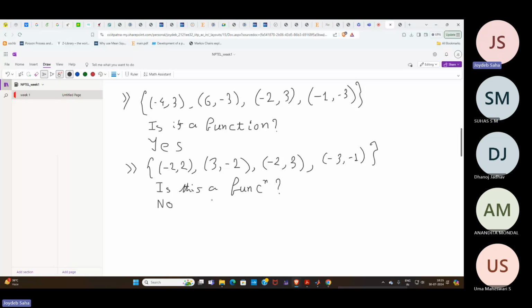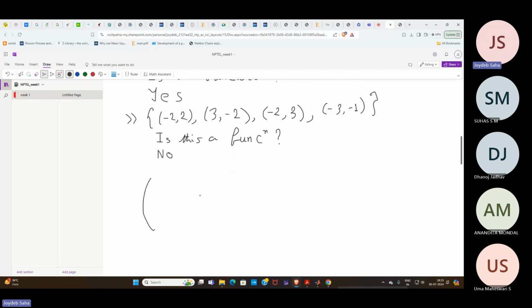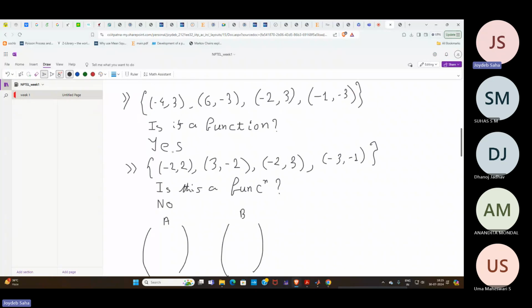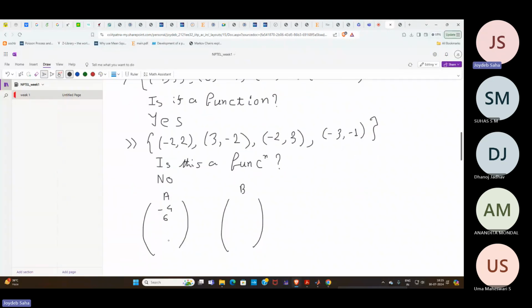Now let us map these two relations. It is A, B. A was -4, 6, -2, and 1.